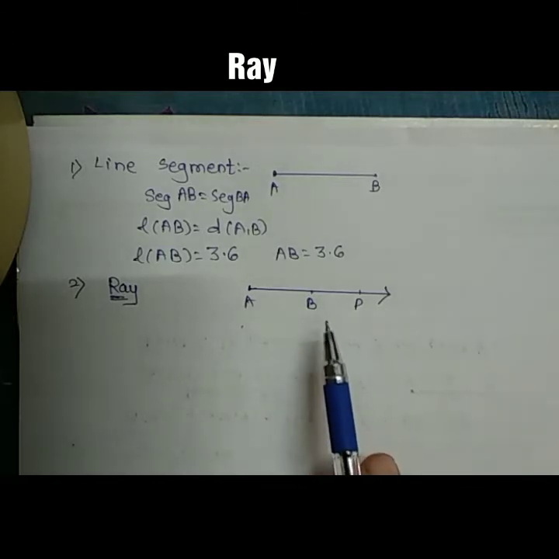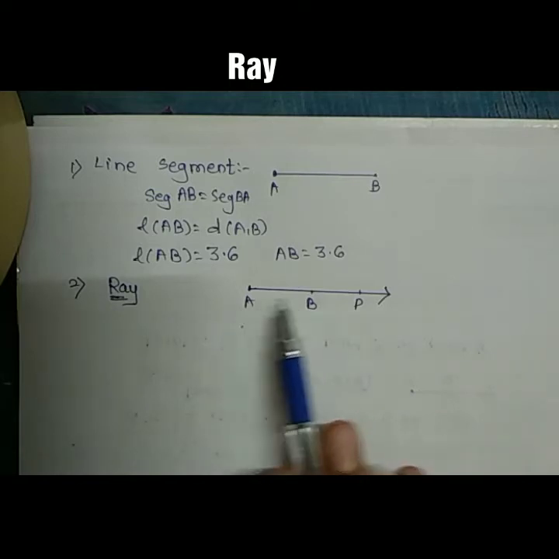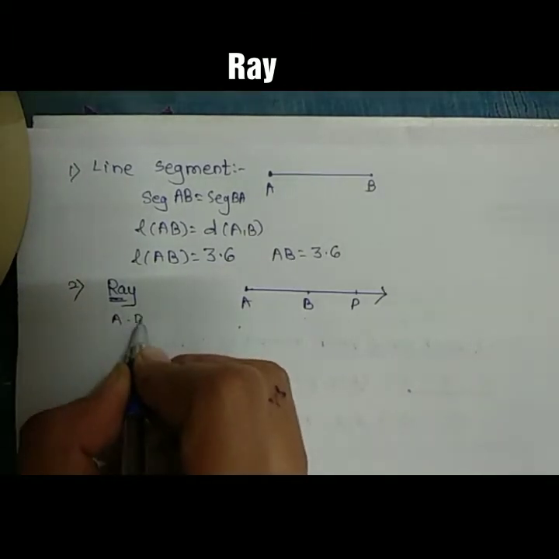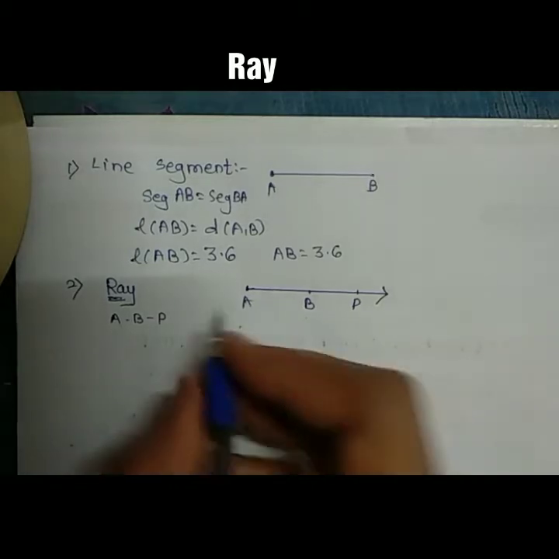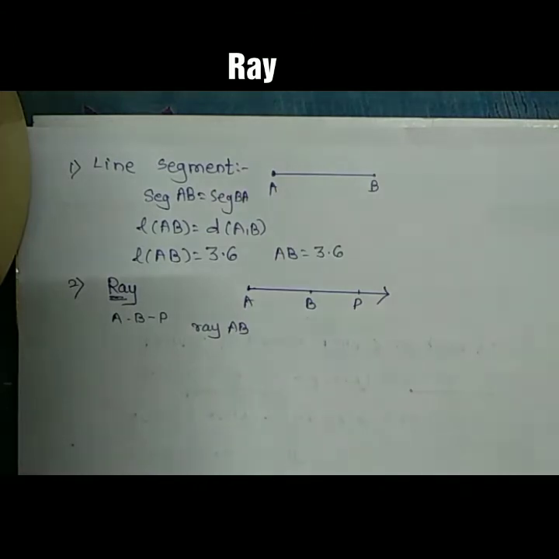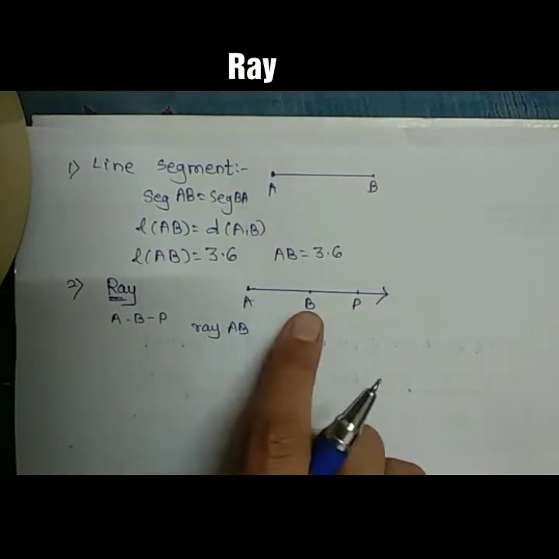The union set of all points on segment AB and the point P such that A-B-P is called ray AB. Here point A is an end point of ray AB.